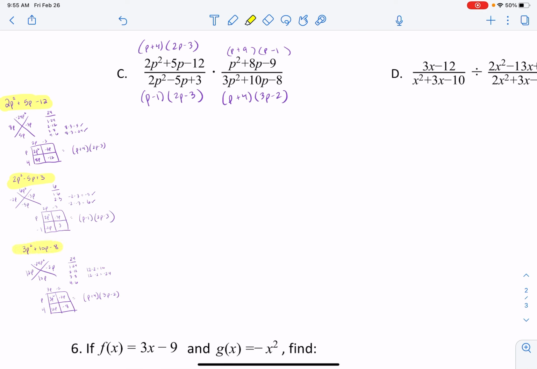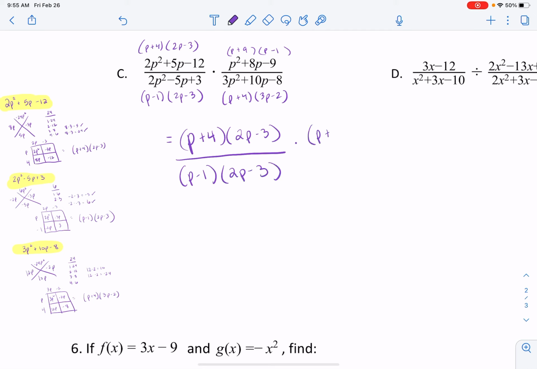All right, so now we can go ahead and start rewriting everything in factored form. So I've now got p plus 4 times 2p minus 3 all over p minus 1 times 2p minus 3, times p plus 9 times p minus 1 all over p plus 4 times 3p minus 2.